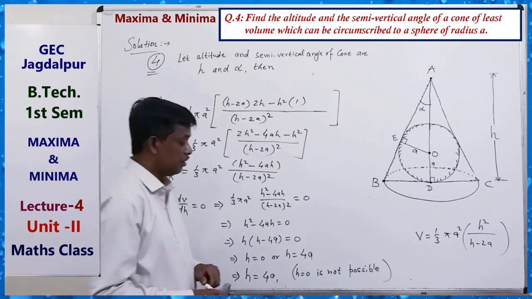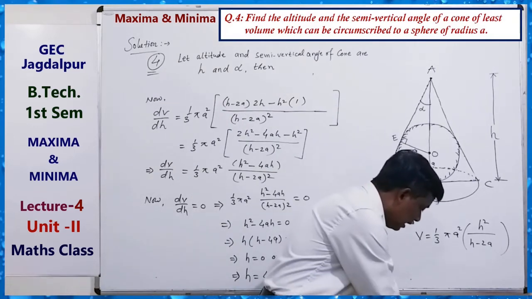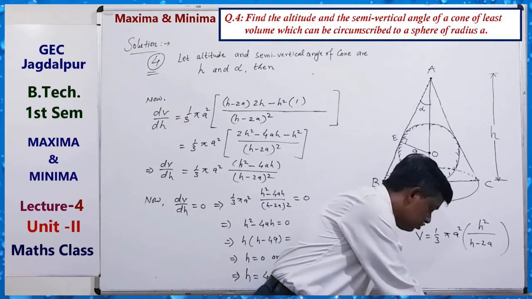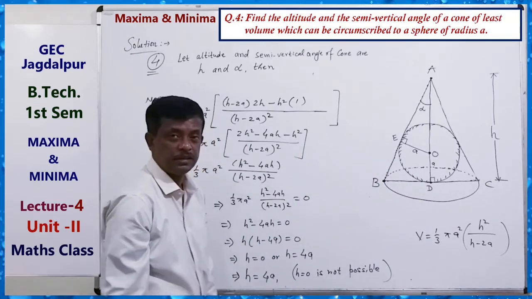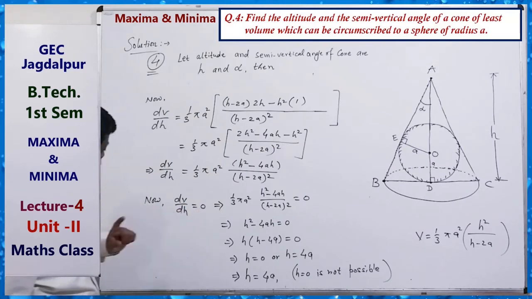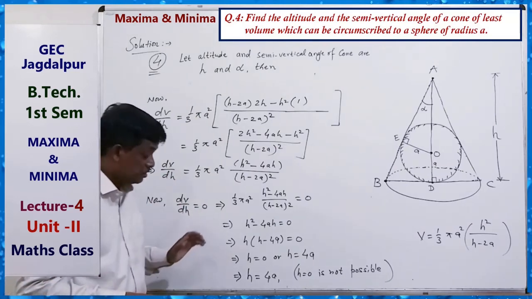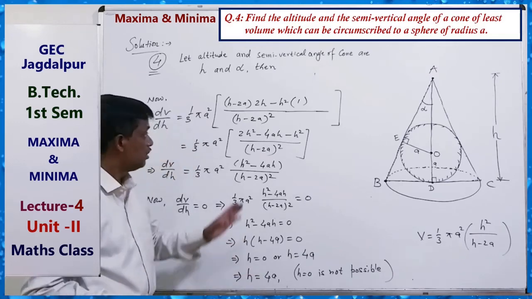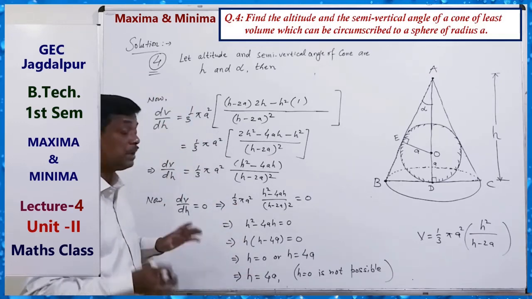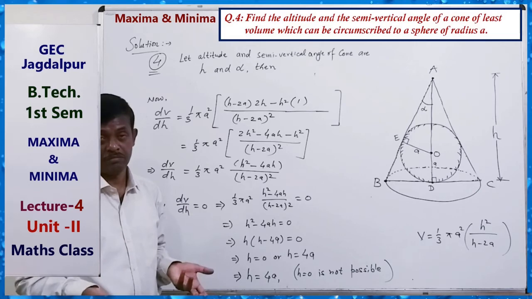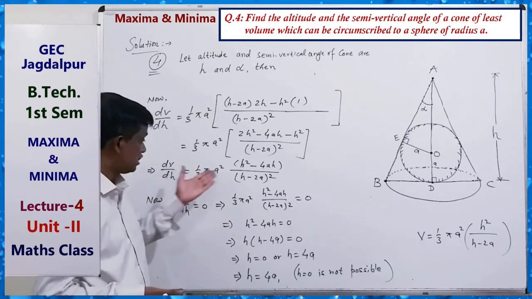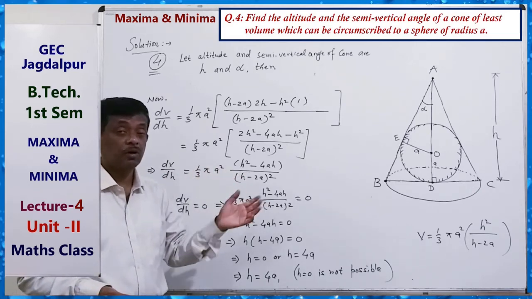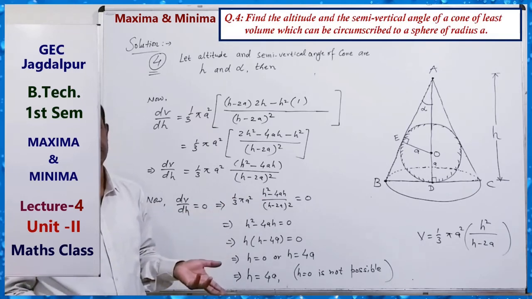For slightly less value and greater value, we have to decide whether for h equals 4a, v is maximum or minimum, because of the second derivative test, either negative, or you can also use the first derivative test.